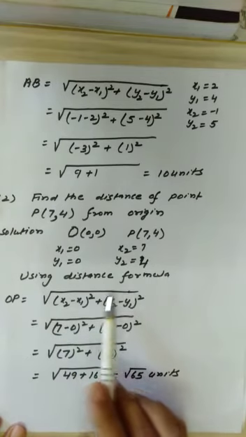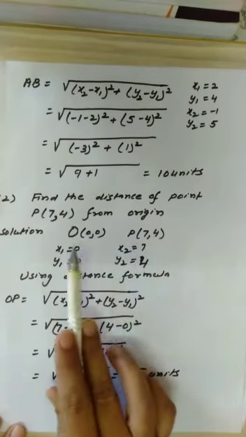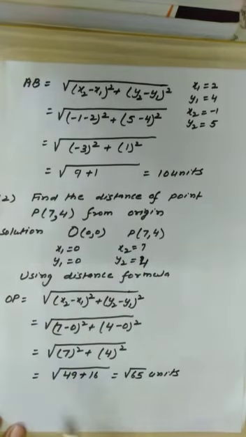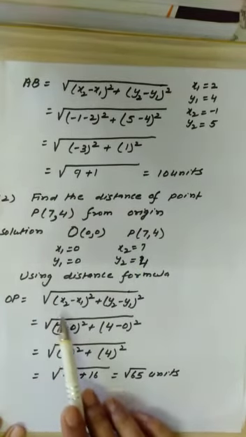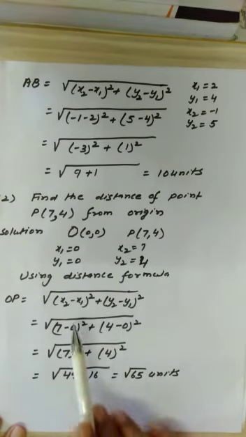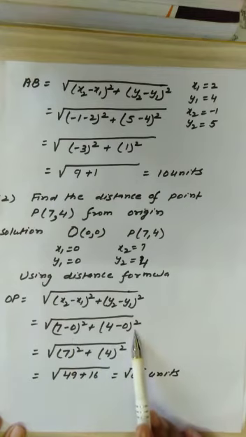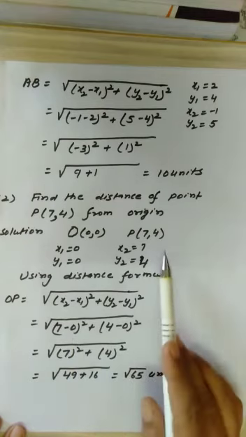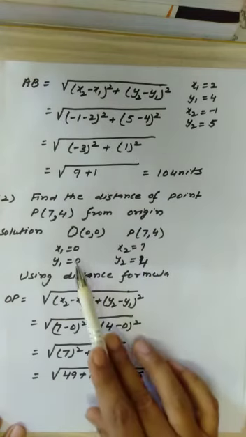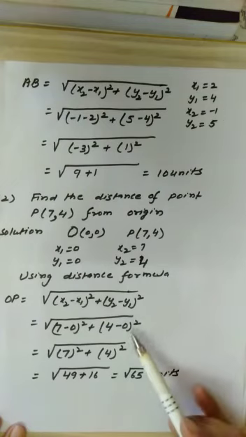So again we'll make use of the distance formula. The distance between the 2 points O and P is represented as OP. It is given by square root of (x2 minus x1) whole square plus (y2 minus y1) whole square. What is x2? It is 7. What is x1? It is 0. What is y2? It is 4. And what is y1? It is 0.